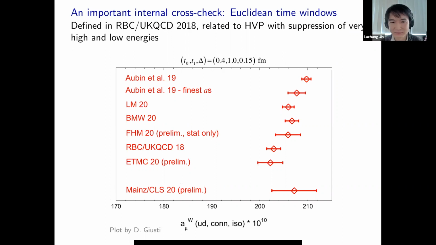Exactly. And also you can see that there are two Aubin et al. values. This is an extrapolation using the 3 lattice spacings that they have, and this is using the 2 finest lattice spacings, and then gets slightly larger error bars.